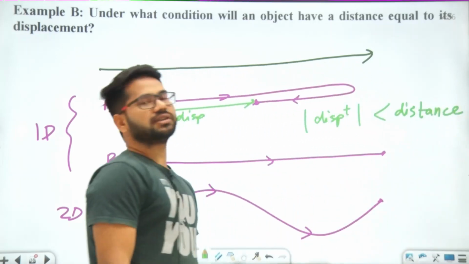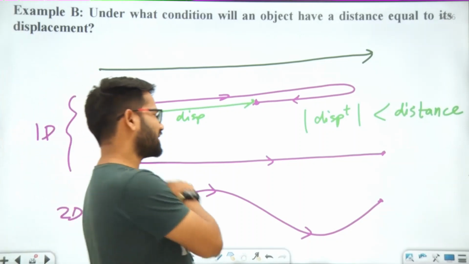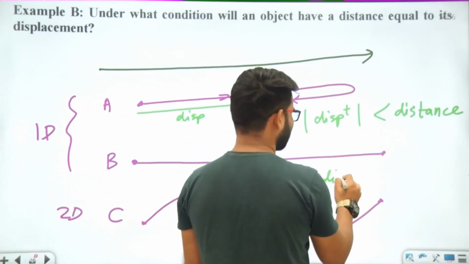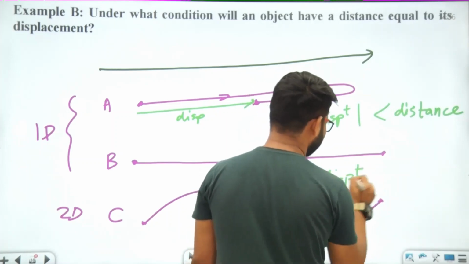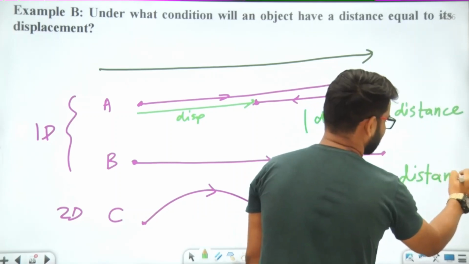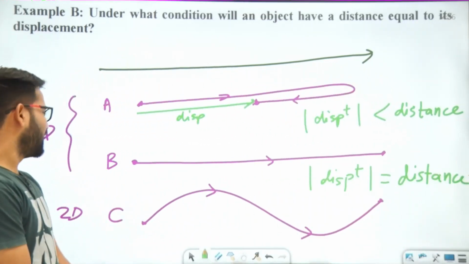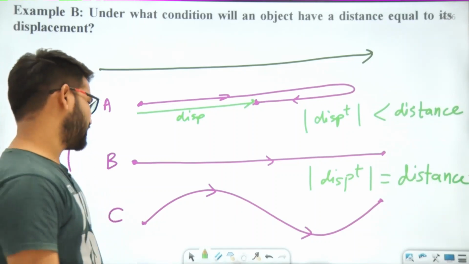And in the second case, displacement and distance have the equal magnitude. Now go for the third case.